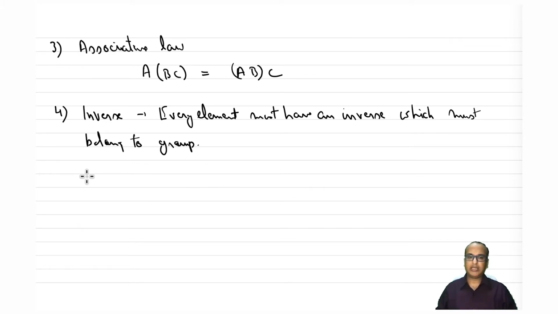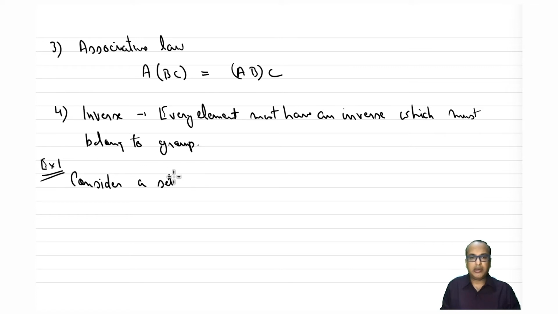So let us take a few examples. Let's start our examples from simple mathematics that we know already, and then we will go to symmetry operations. This will help us understand these group properties much more. So consider a set, let's call it example 1.